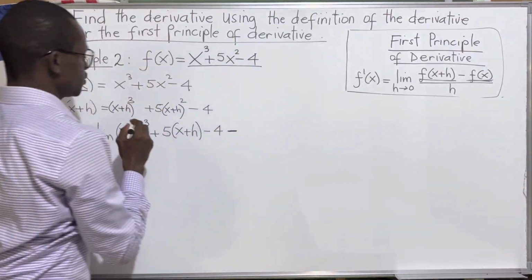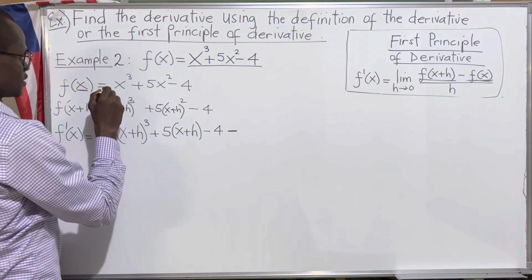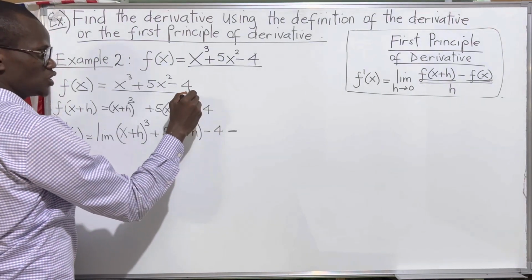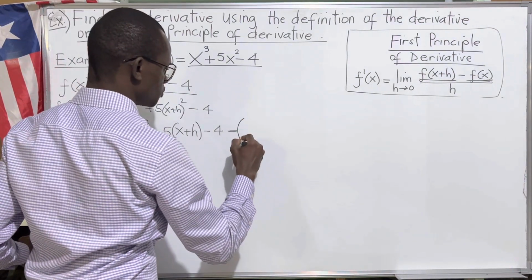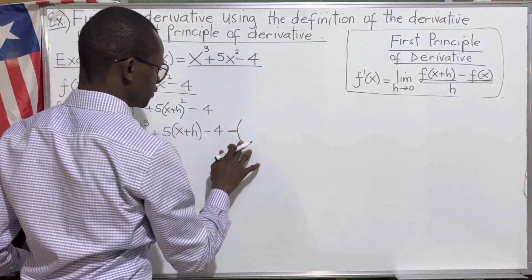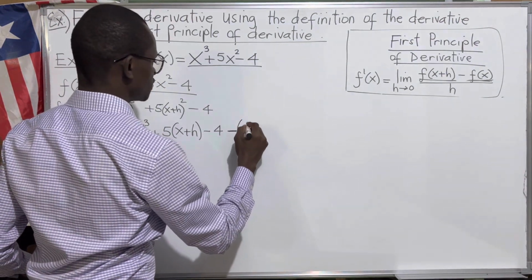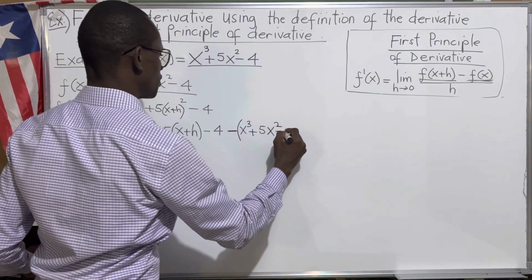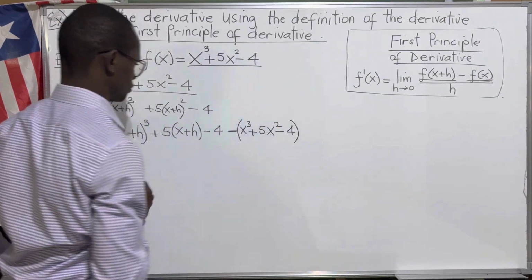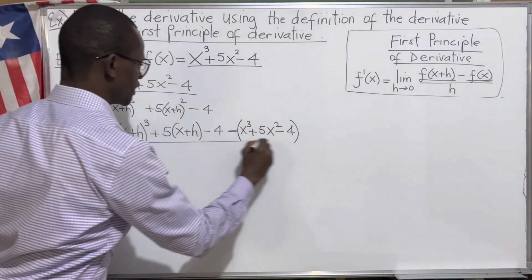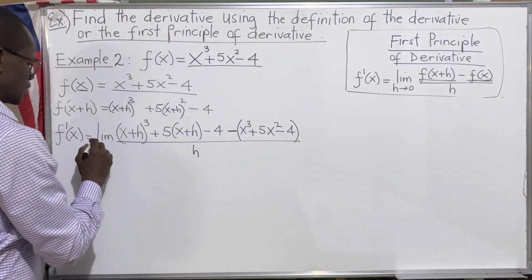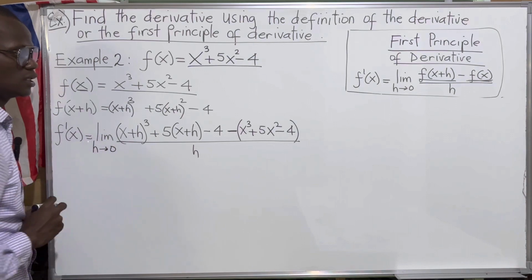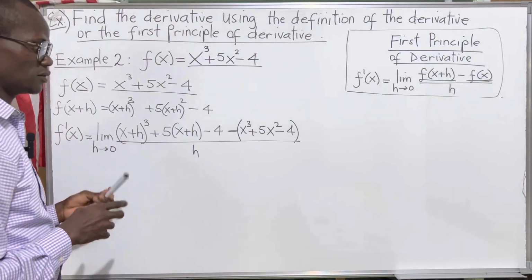Then we write f of x. What is f of x? This one, the original function. Please always put it in parentheses because of the negative. So we have x cubed plus 5x to the second power minus 4, all divided by h, as h gets closer and closer to 0.